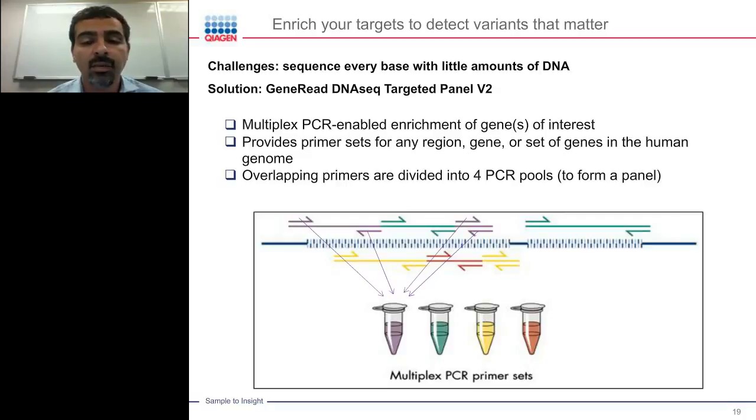It could be specific introns or promoter regions, and so on and so forth. The panels will provide overlapping primers, and those primers are divided into an appropriate number of PCR pools. In the case of the BRCA1 BRCA2 panel that I will focus on today, they have been divided into 4 PCR pools. So when I talk about a panel, it's basically a collection of primers in PCR pools.